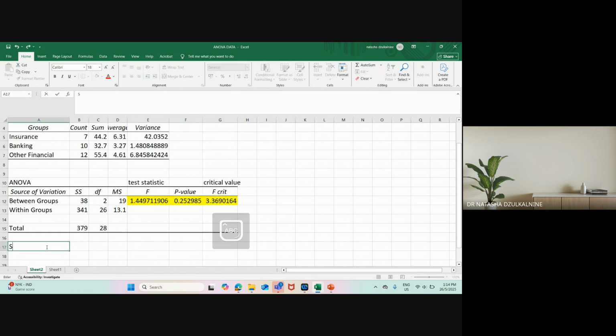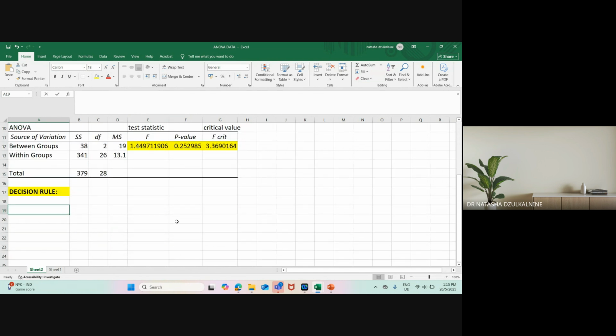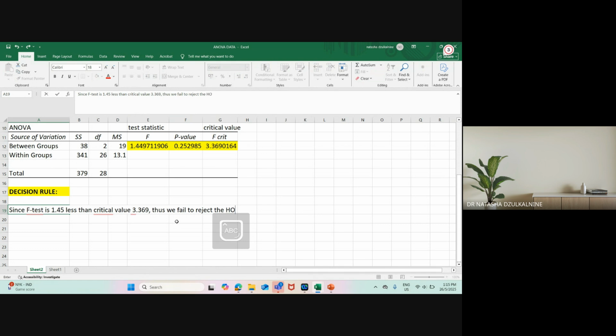So what will be our decision rule? Just write the decision rule. Since the F test is 1.45, less than the critical value 3.369, thus we fail to reject the null hypothesis.